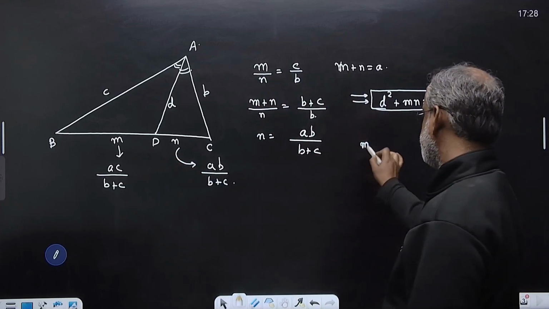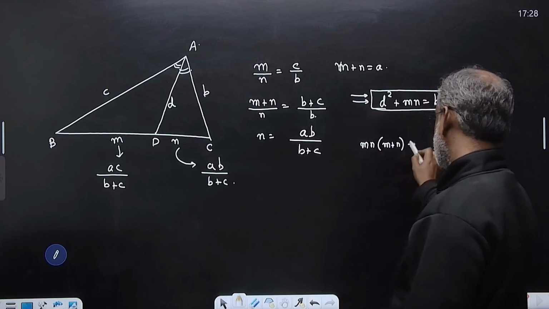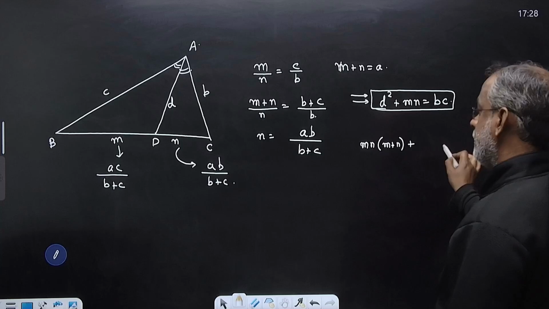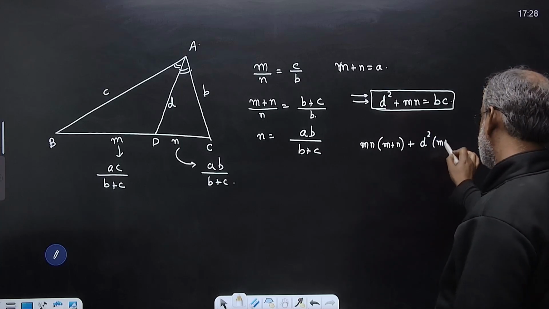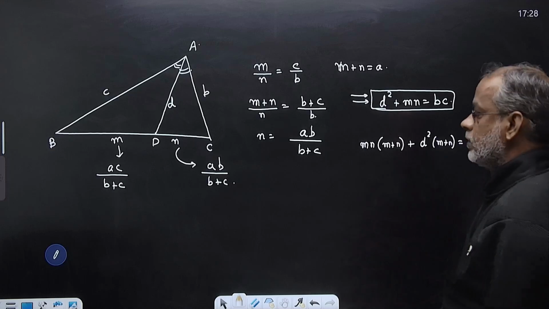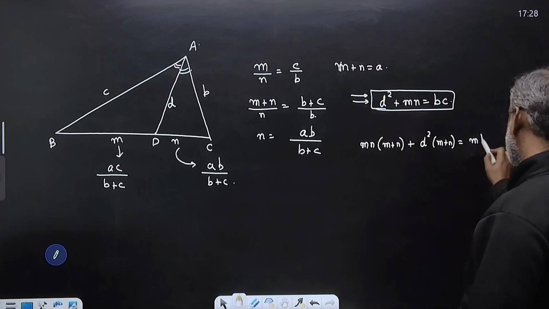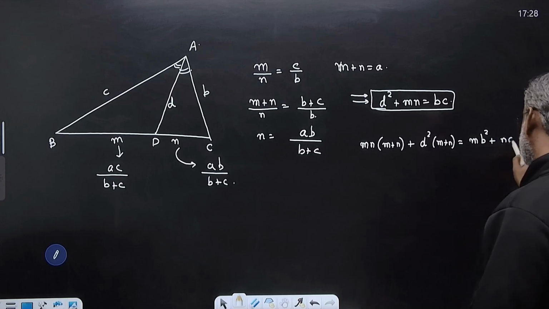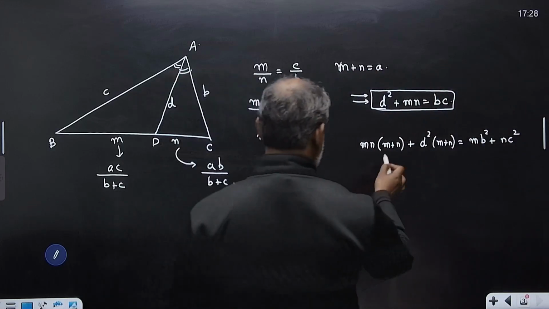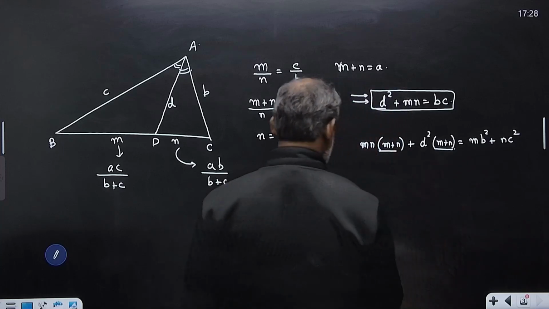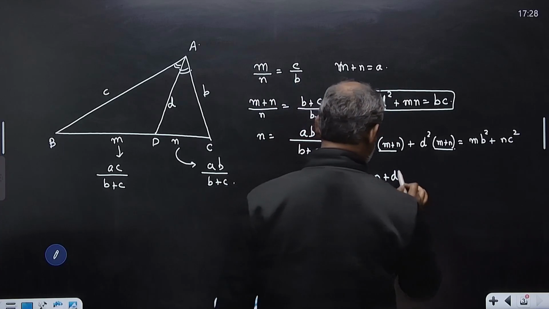You will write MN into M plus N plus D square is equal to MB square plus NC square. Now we know M and N. M plus N is of course A. So you have A into MN plus D square. What do we get?